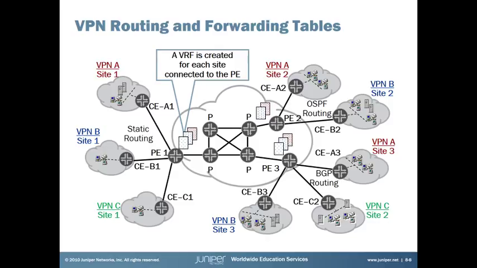Then it's going to come out of the LSP and be directed to the interface that's connected down onto site 1. So the routing lookup it's going to do is going to say your next hop is an LSP, and it'll send it across to an LSP.